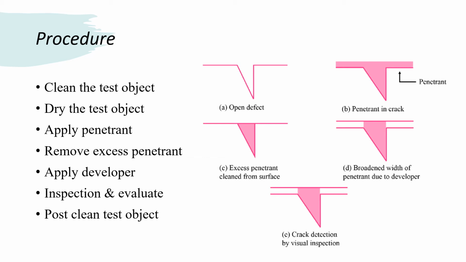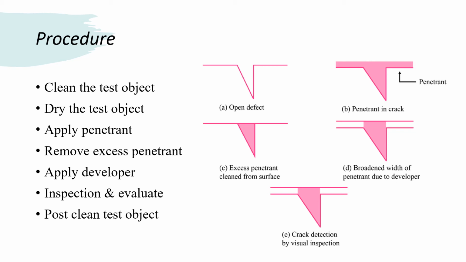Then after the cleaning we need to dry this object. That's because for the cleaning purpose we use oil, chemicals or something else, so after cleaning the object, we need the specimen to dry.